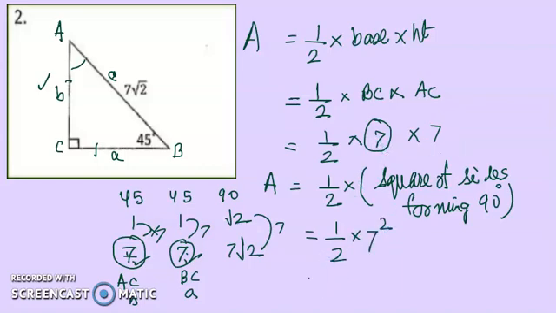So the answer becomes 7 times 7, 49 by 2, and that is your answer.